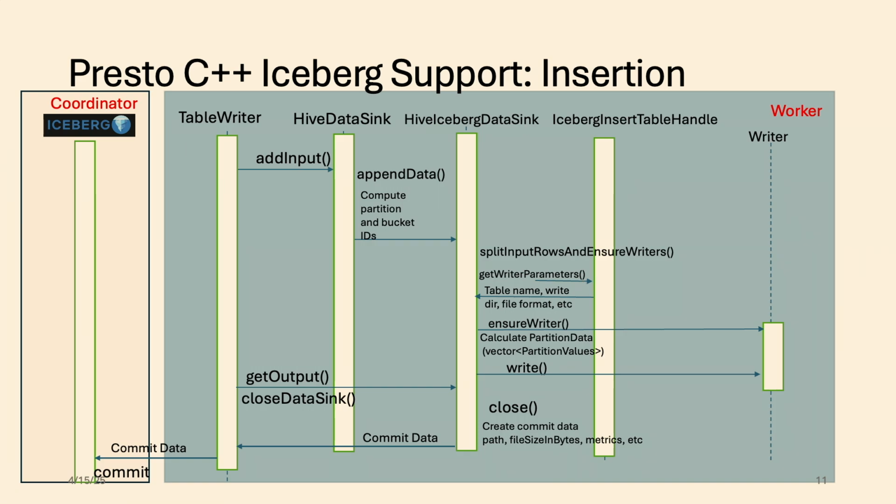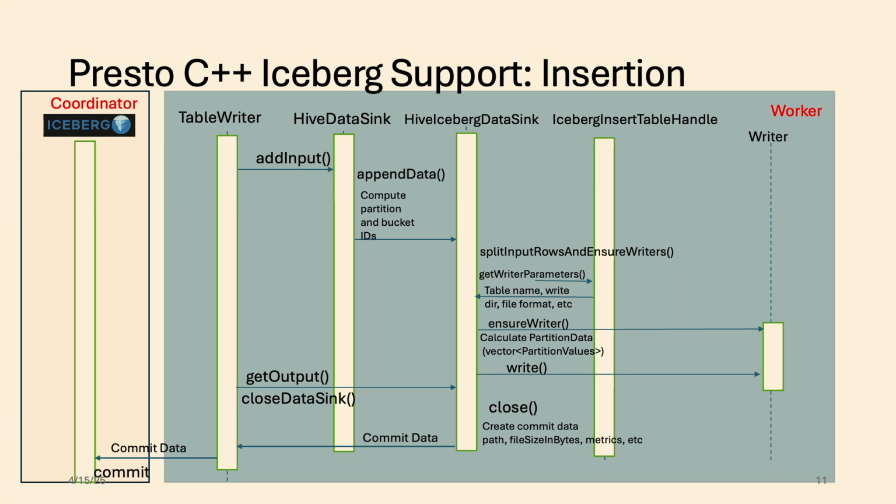Here we do Iceberg-specific operations, like getting the writer parameters from the Iceberg insert table handle, such as the write directory, file format, table name, and so on. And then the initial writer would create the actual writer, during which partition data will be calculated, because Hive and Iceberg handle partitions quite differently.